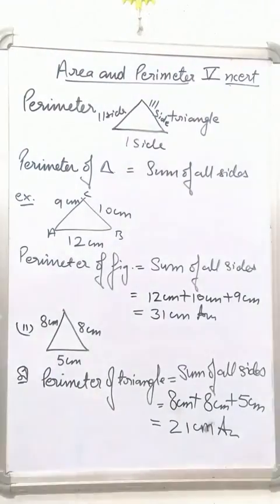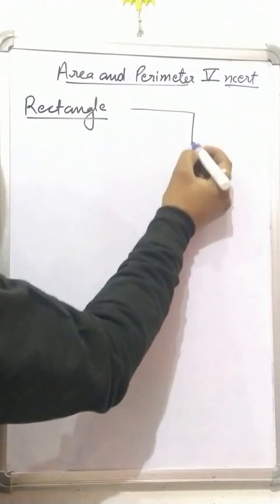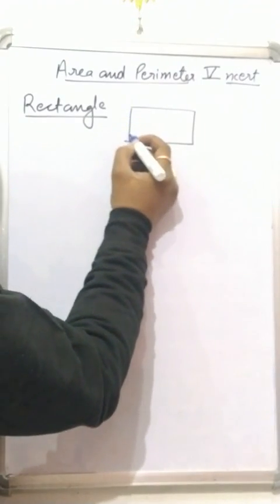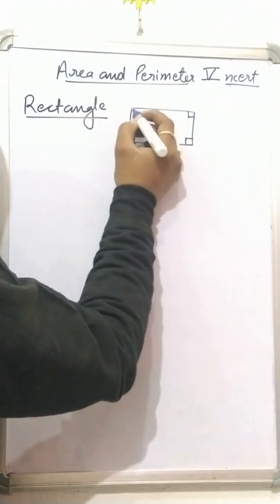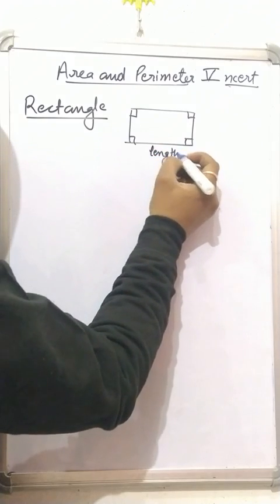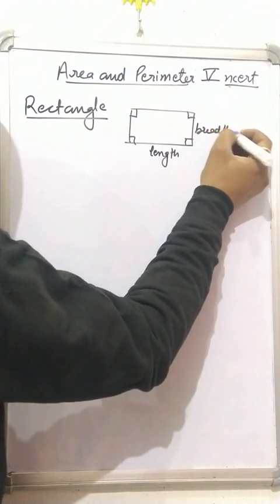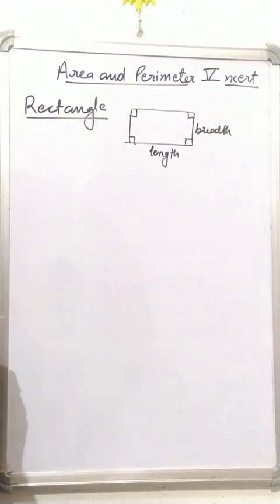Now in the case of plane figure rectangle, this is a rectangle. All angles in this are equal and this longest side is known as length and the other side is known as breadth. Is that clear?